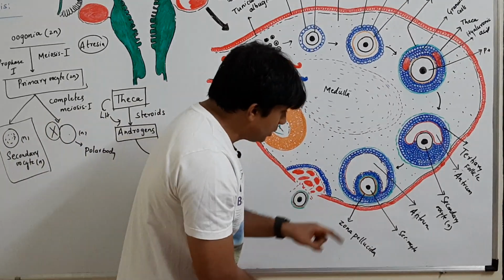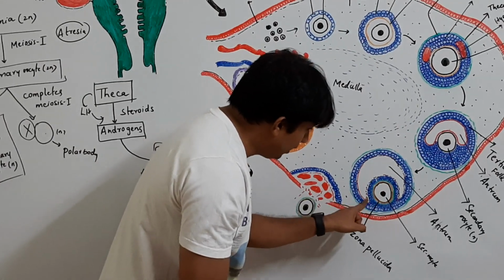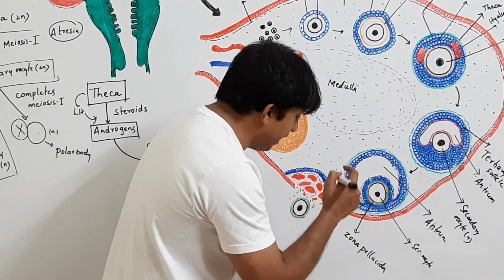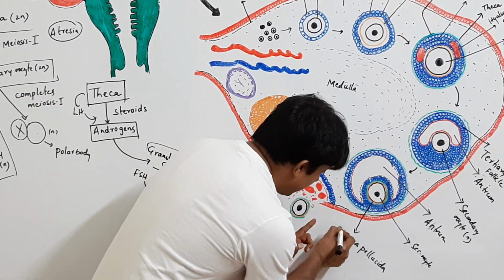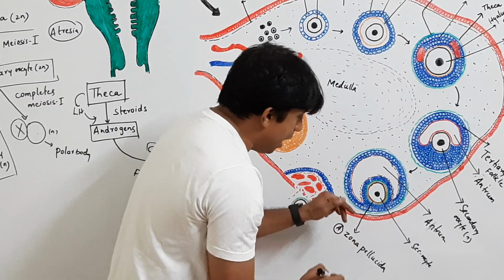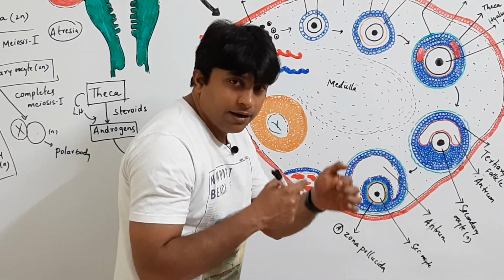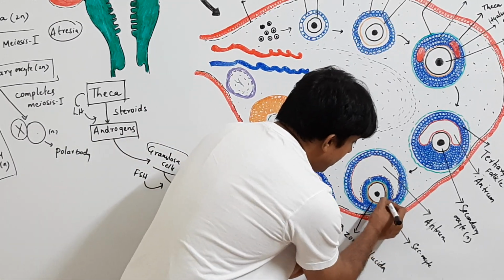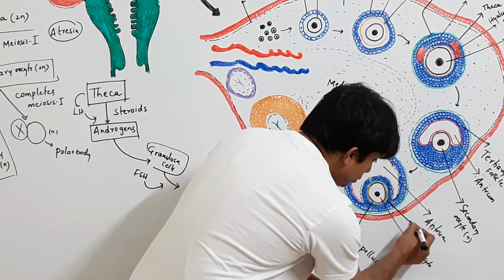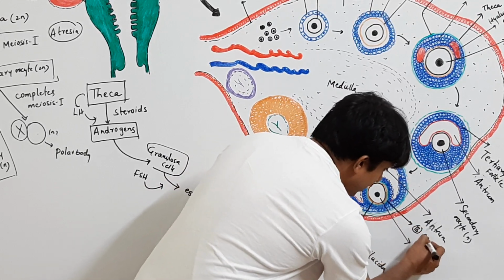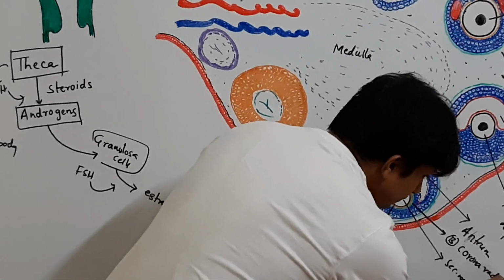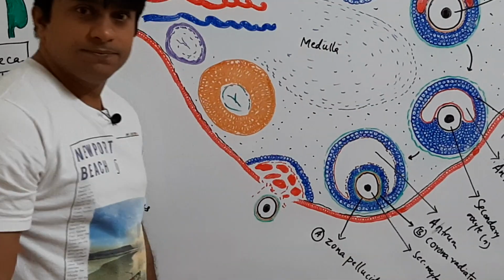Now, outside the zona pellucida, the granulosa cells will form a striated layer, which I marked in green, which is called corona radiata. Corona radiata. Fine.